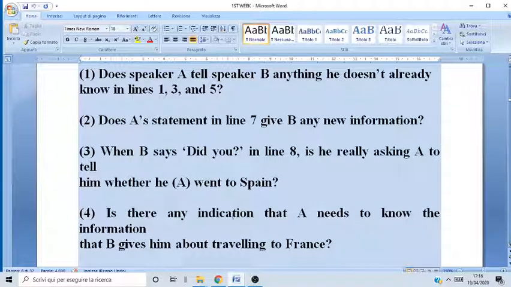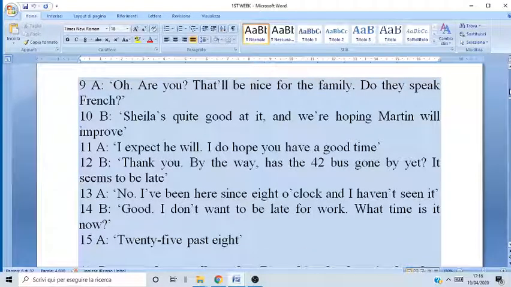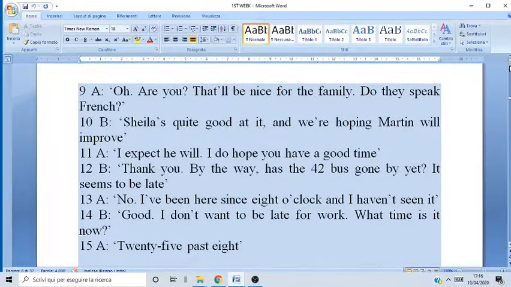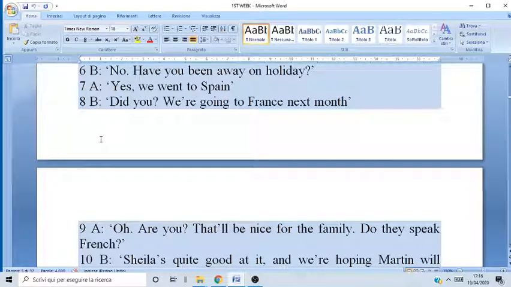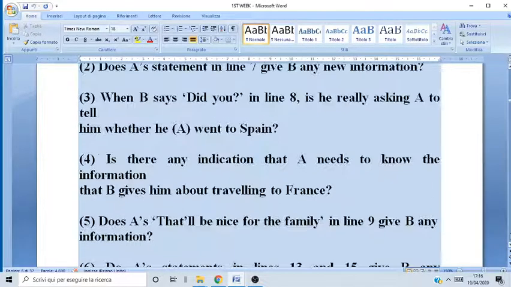Question 4. Is there any indication that A needs to know the information that B gives him about traveling to France? Number 5.